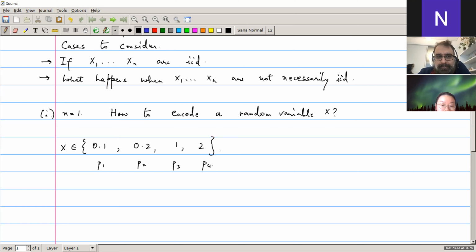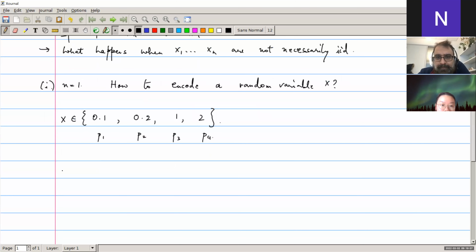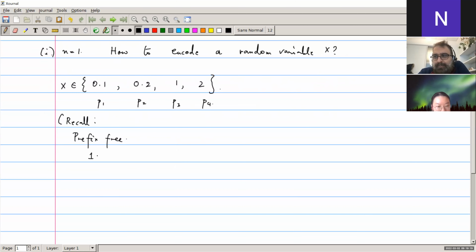Okay, but just for completeness' sake, this is from last class. An example of a prefix free code is 10. Right, so this is prefix free.